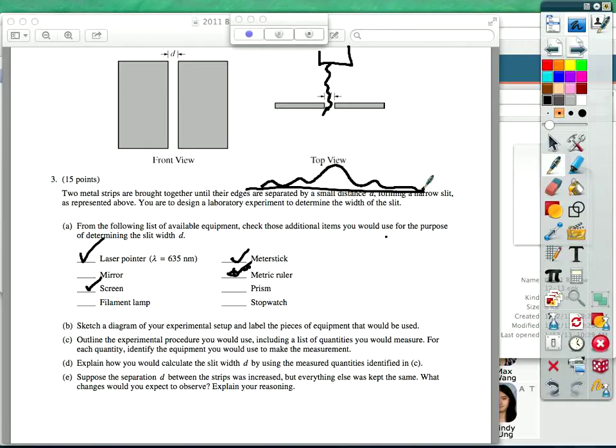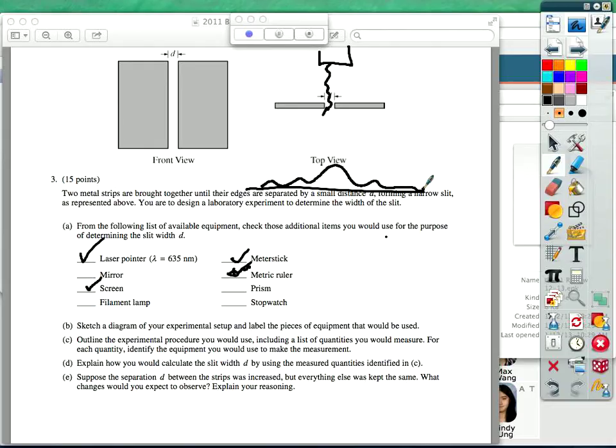Okay. So the lamp and the prism, for an alternate. Maybe you could use the lamp, then you would put the prism in front of the lamp to get the rainbow, and then you move the prism until you get a specific wavelength.